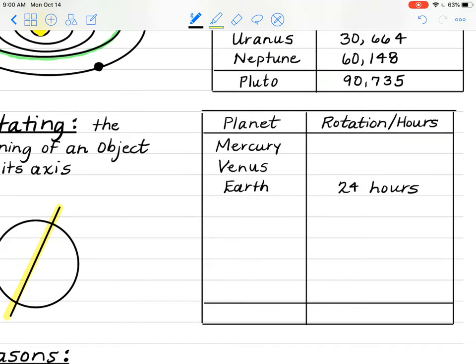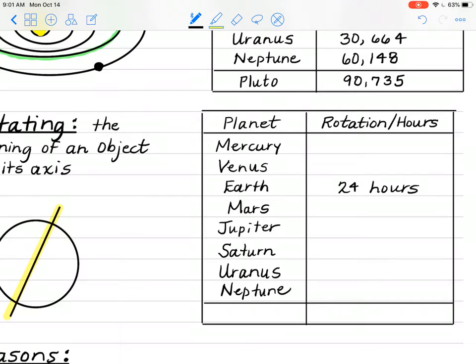Mars, Jupiter, Saturn. There was a crash outside and I was distracted for just a minute. I'm so sorry. Uranus, Neptune, and remember Pluto is no longer officially a planet, but we will put Pluto in because some of us learned that Pluto is a planet.